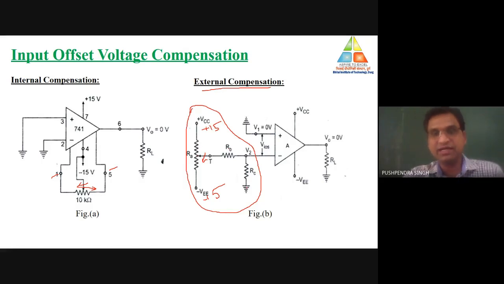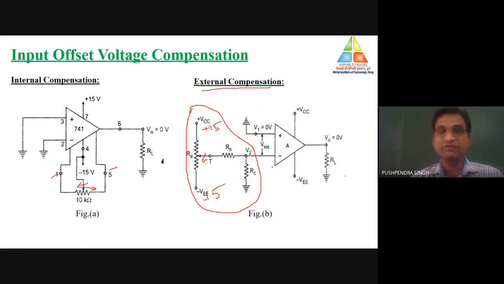Now let us again revise this circuit. In which configuration are we using this operational amplifier? There is no feedback. That means this operational amplifier is in open loop condition. And as we know, in case of open loop configuration of an op-amp, in each and every condition, we get either the positive saturation voltage or the negative saturation voltage.